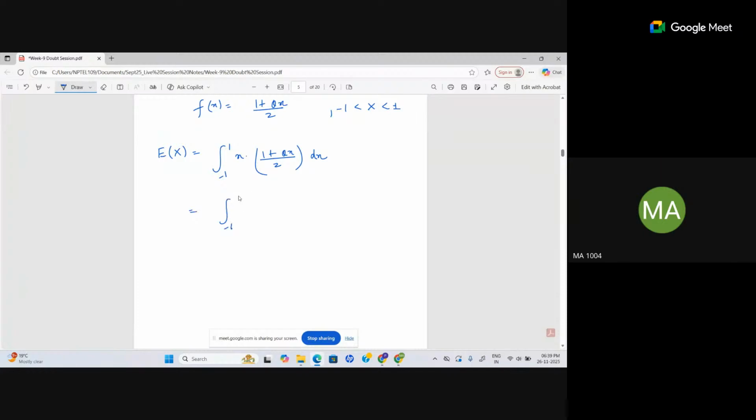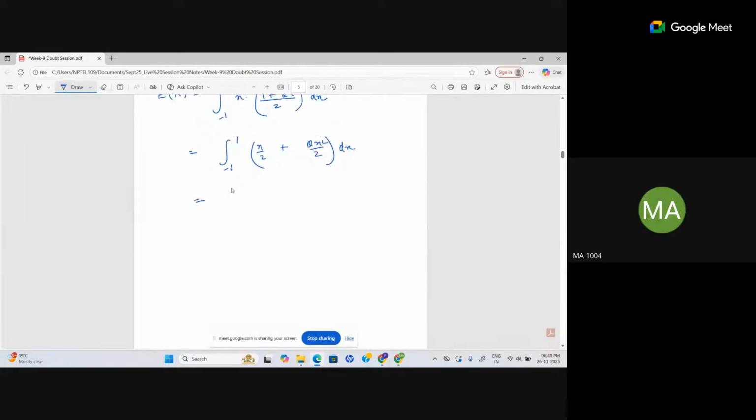Okay, so this is from -1 to +1. This is x by 2, and then this is theta x square by 2. Am I audible or not? You are audible, ma'am. Now we have to integrate it. So this will be x square divided by 4 plus theta times x cube divided by 3 into 2, which will be 6. The limits are from -1 to +1.